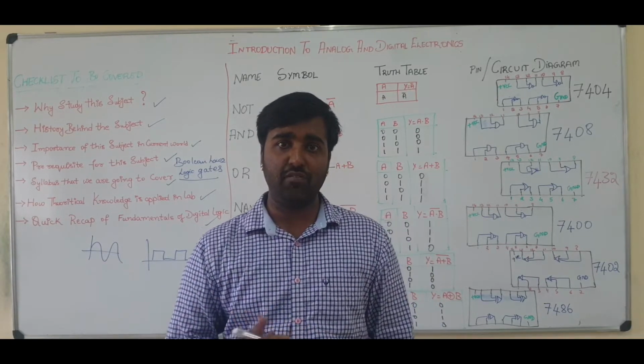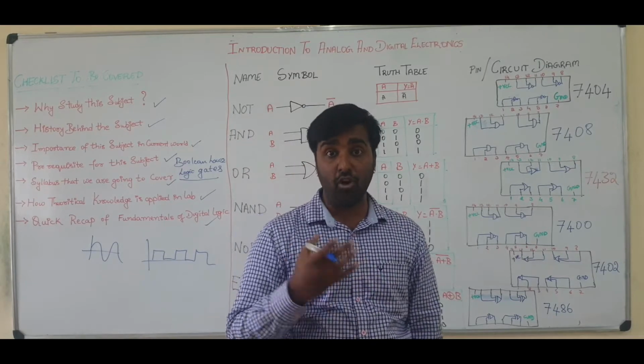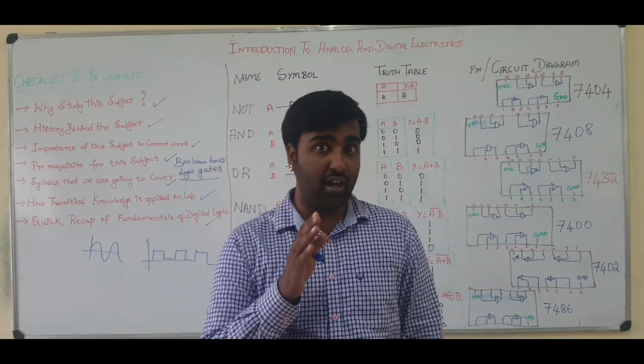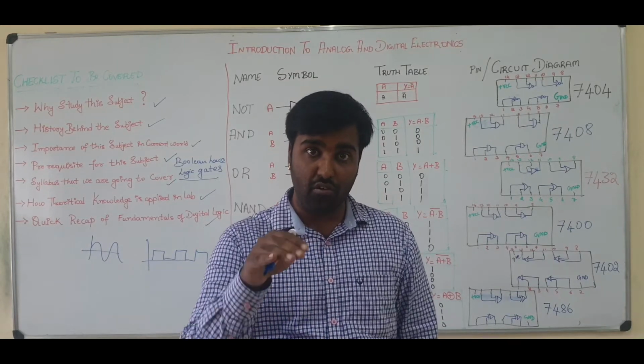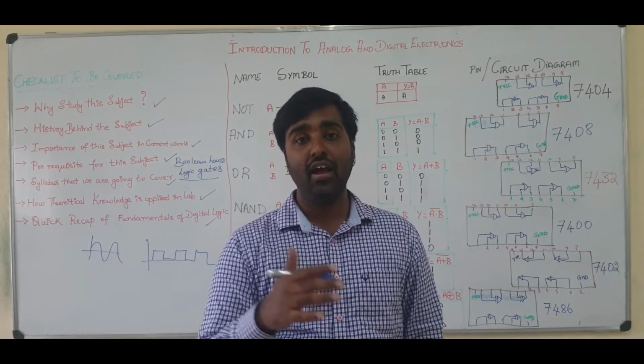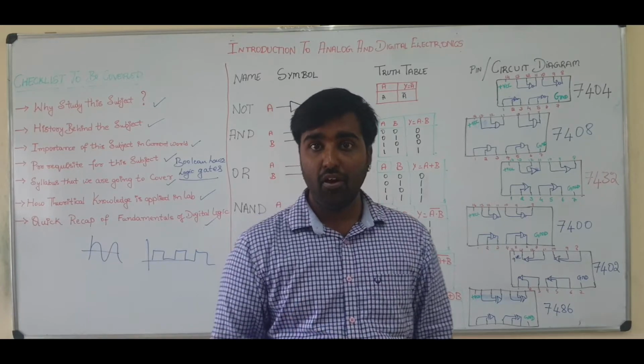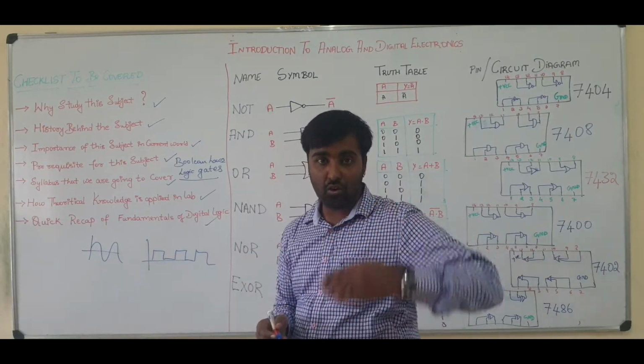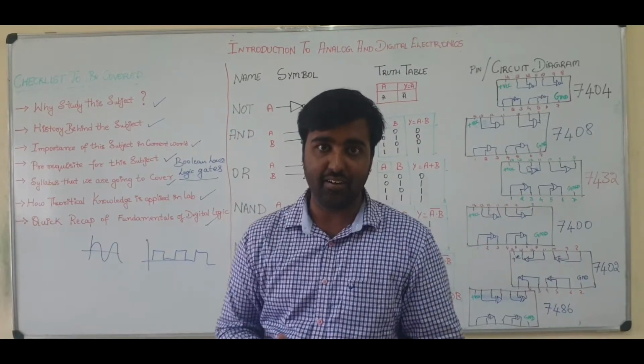We'll also be explaining the concept of positive logic and negative logic. I am not meaning that 0 is always called low and 1 is always called high. A signal can be in a low state or in a high state.